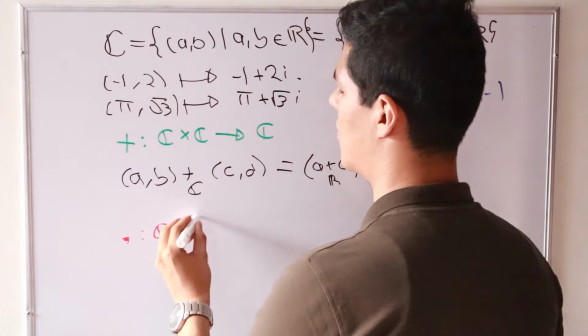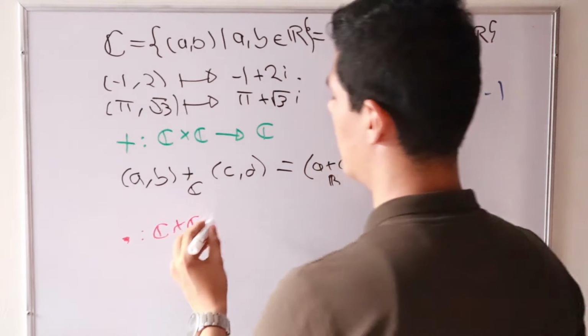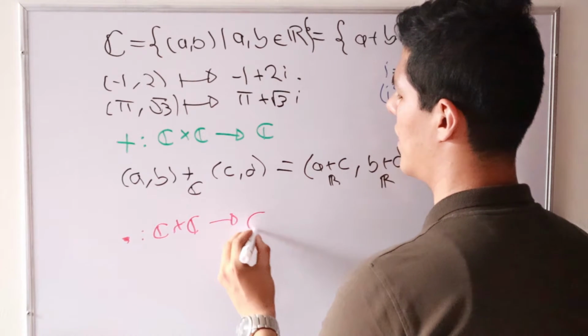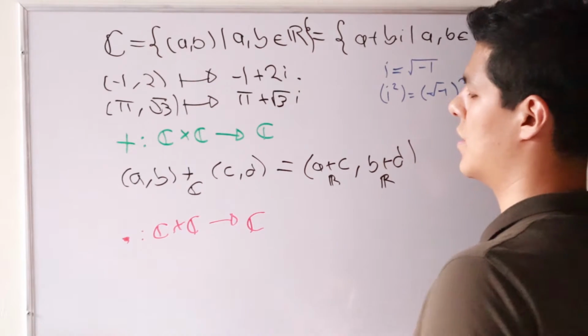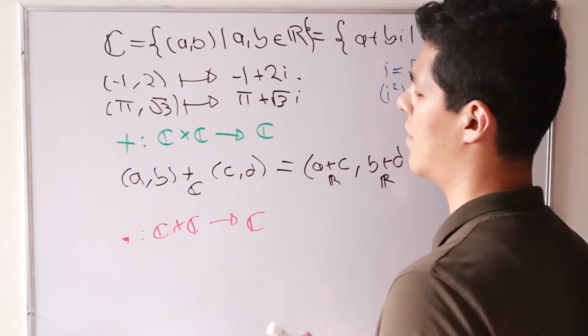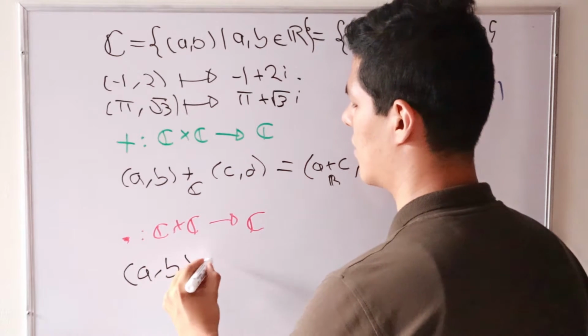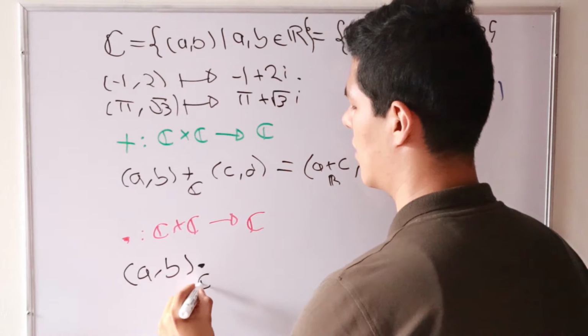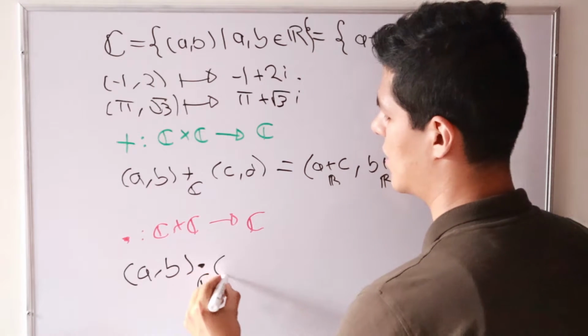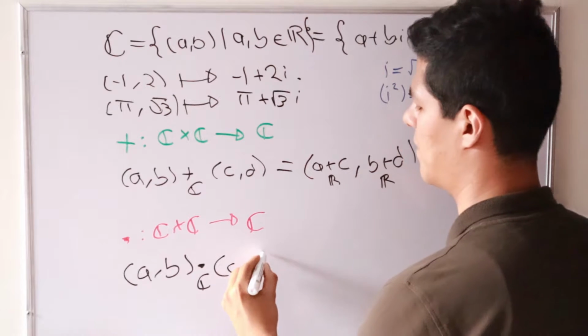It is essential because we also have to define the product of a complex number with another, and you will receive another complex number. So in this case, you have a and b times, in the complex numbers, c and d.